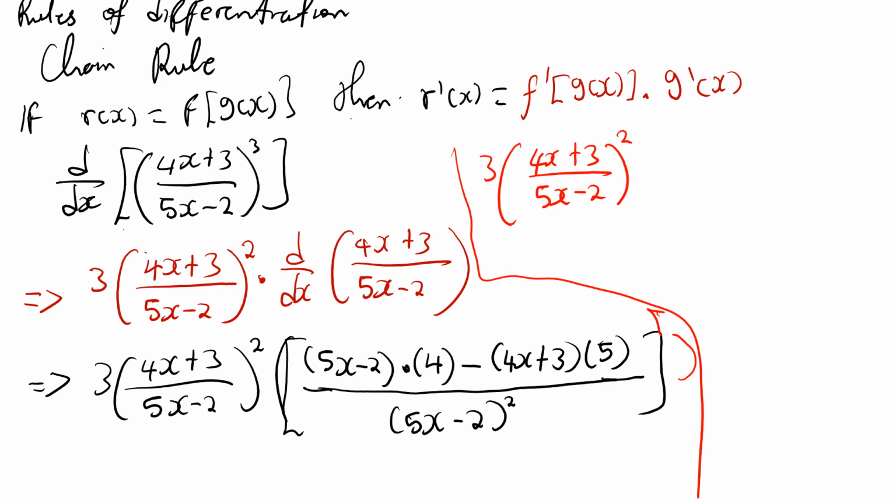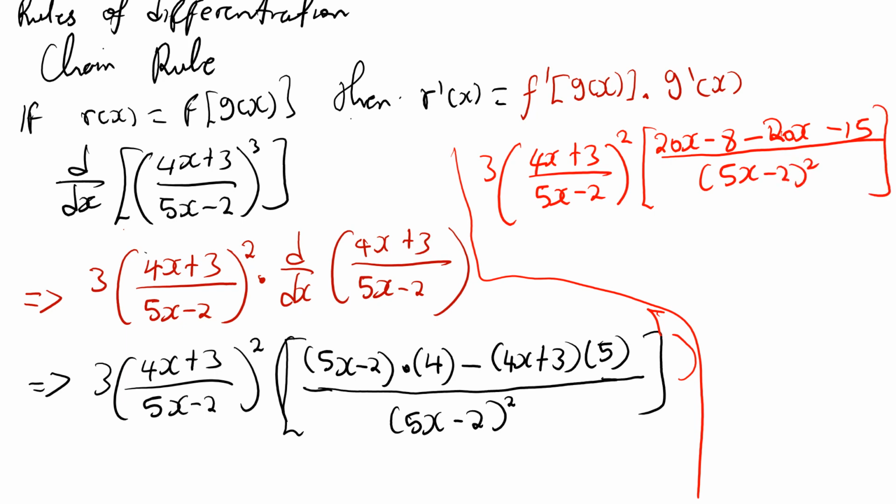Then on our numerator, we're going to have 20x minus 8, then minus, going to have a 20x again minus 15, all over 5x minus 2 squared. Okay, so that is what we'll be having on our numerator.